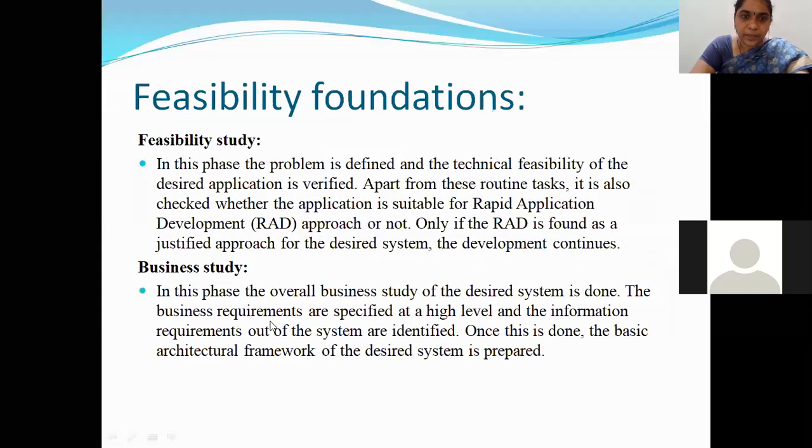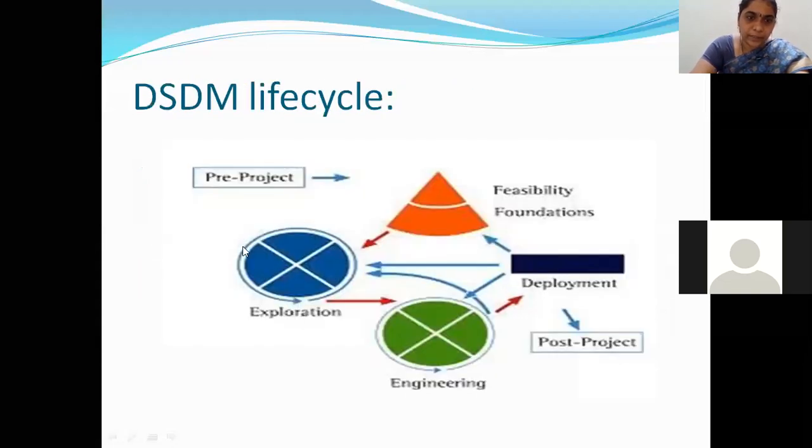That is the reason we gave an incremental arrow, which is done repeatedly. This cycle is repeated two or three times until the client is satisfied with that functional model. Until then, we keep on developing a prototype and show it to the client and take his willingness, right?